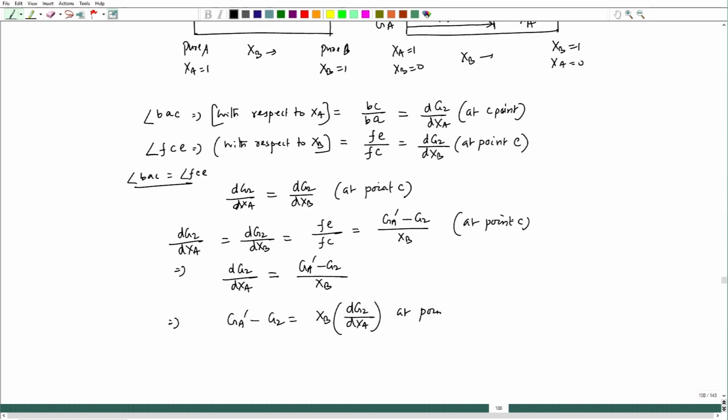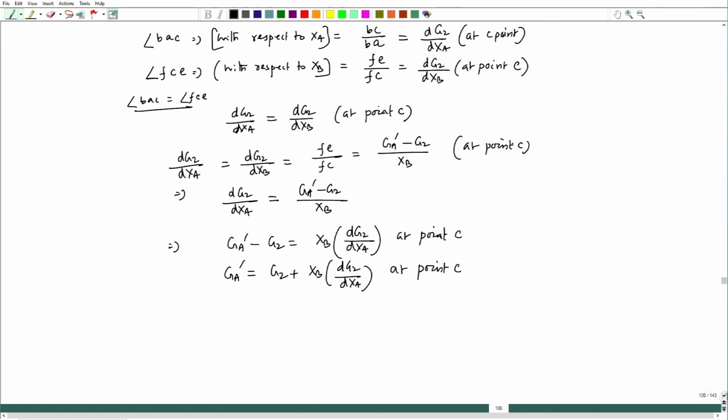dG2/dXA at point C. So, GA prime would be equal to G2 plus XB dG2/dXA at point C. So, now you could see, and previously if we recall, we have found the partial quantities GA bar would be equal to G2, if I consider G2 is the solution free energy, plus XB dG2/dXA.